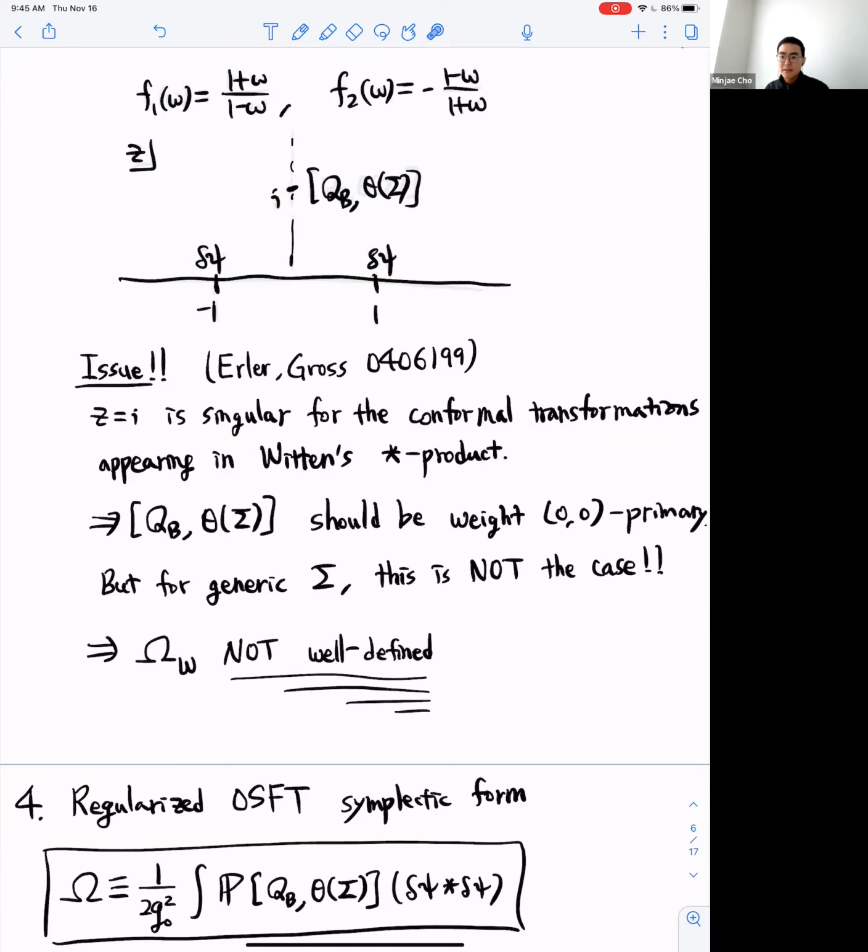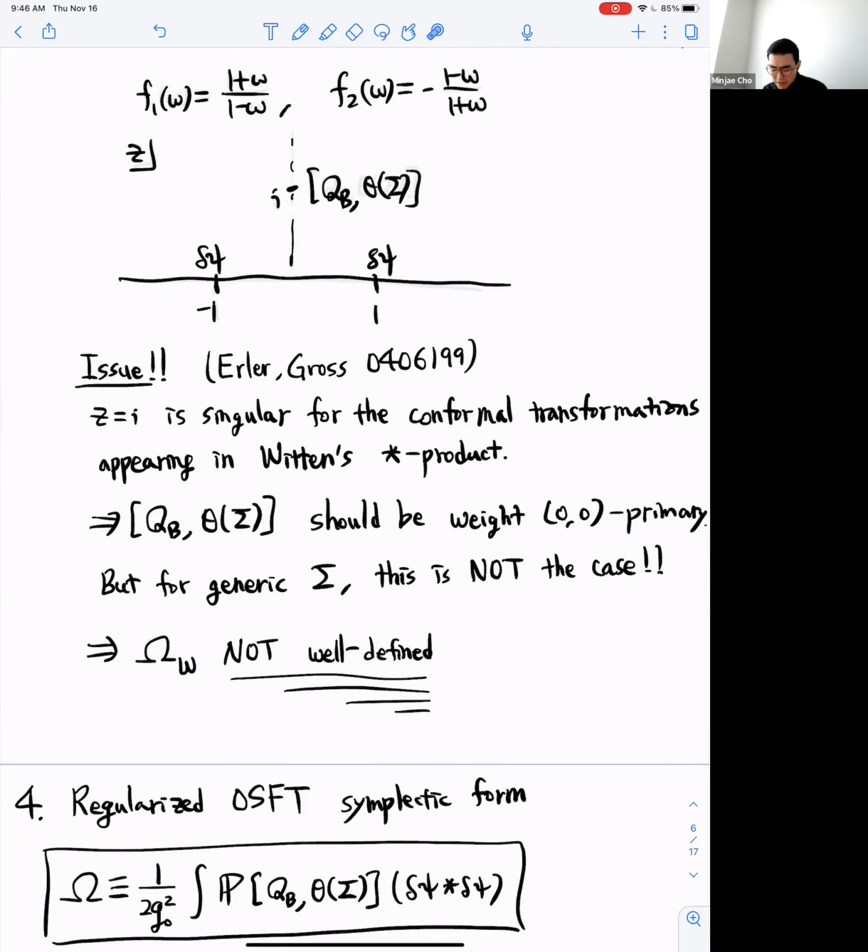That's the reason why the insertion at the midpoint should always be weight 0,0 primary, if you want to be free from such singularity. Because only then, when this midpoint insertion is weight 0,0 primary, is it invariant under any conformal transformation, so that you can talk about how the other things transform under the conformal transformation without the singularity.